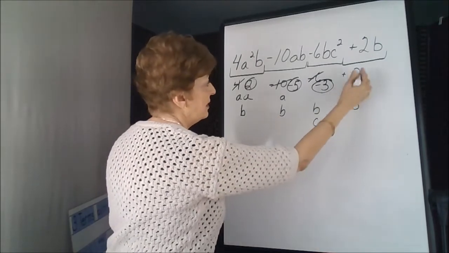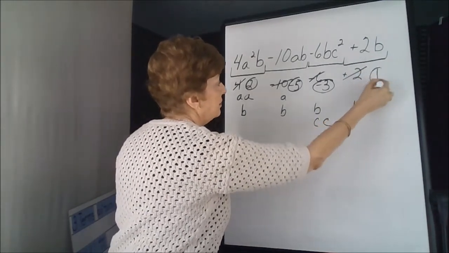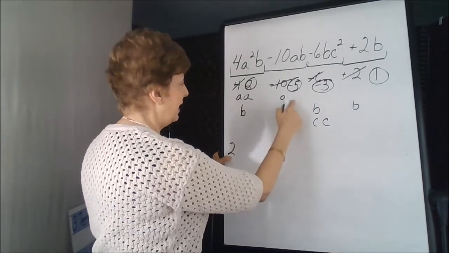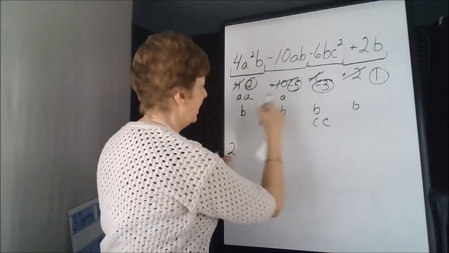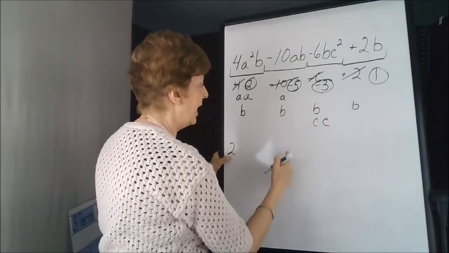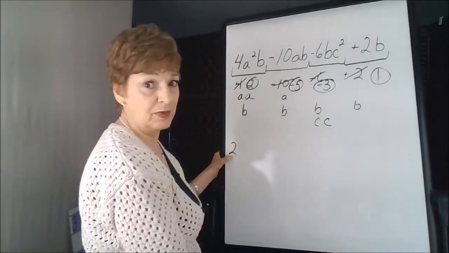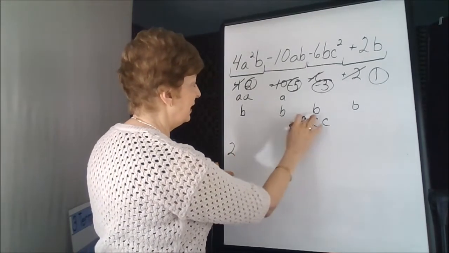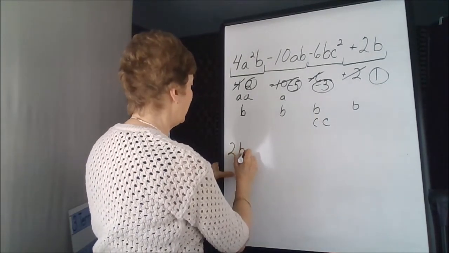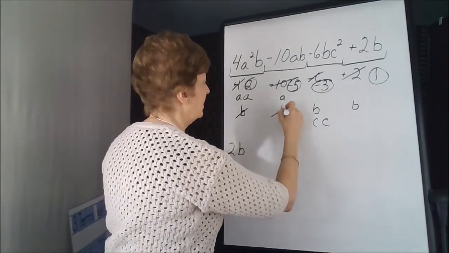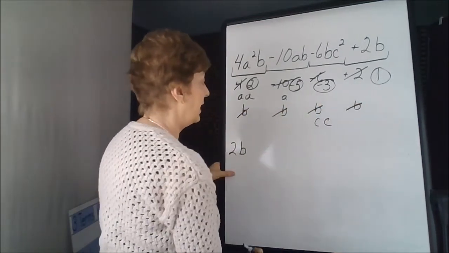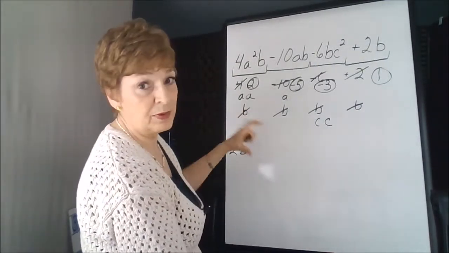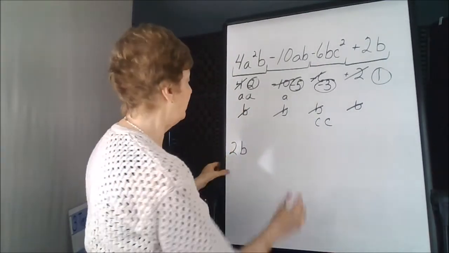And 2 divided by 2 is 1. In my a terms, I don't have a's right across. Every term doesn't have an a in it, so the a's have to stick right now. The b's, however, there's a b in each of the terms, so a b can come outside of this. And we only have c's in this one position. We're done with removing what we can for the greatest common factor.